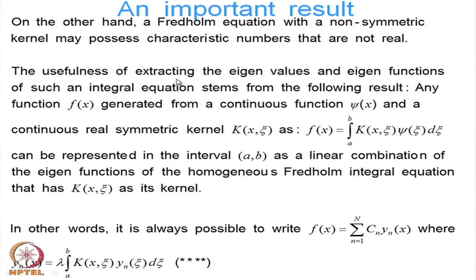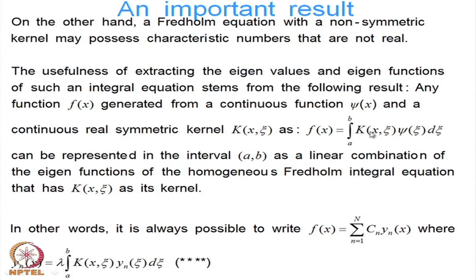The usefulness of extracting the eigenvalues and eigenfunctions results from the following result. Any function f of x generated from a continuous function psi of x and a continuous real symmetric kernel k of x, xi. So, suppose I have any arbitrary function psi of x, the only requirement is that psi of x be a continuous function.